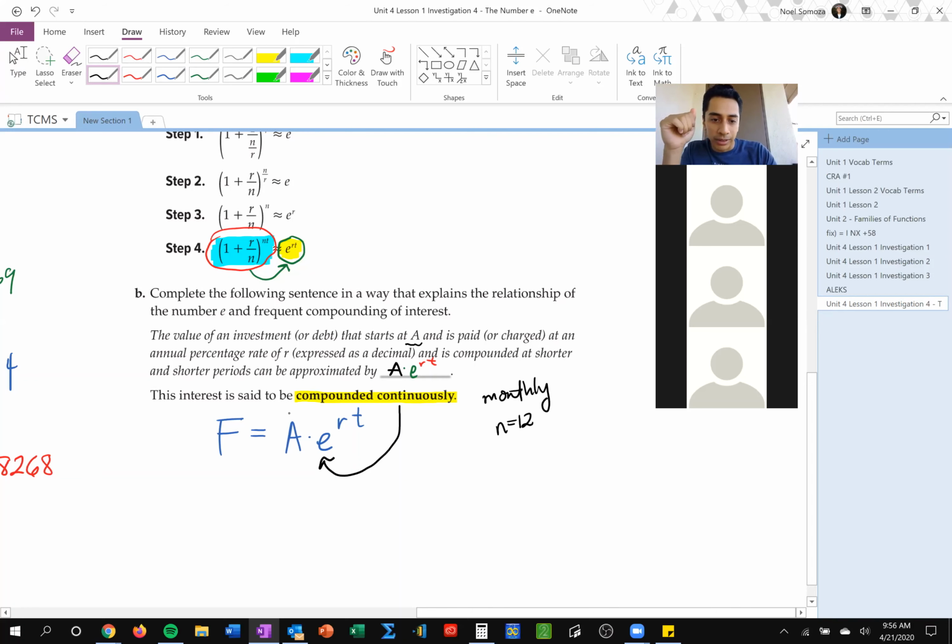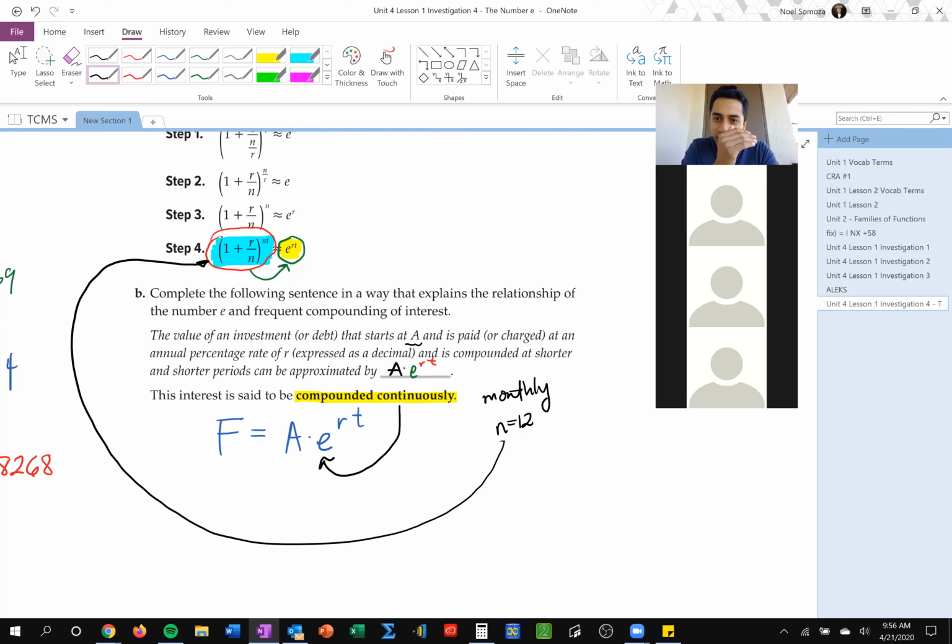Notice how there's nowhere to put the n in this formula. So how could you possibly do it? You would have to go back and utilize the formula that actually has n built into it, because the new one is making the assumption that you're doing things continuously, so there's no need to substitute an n value. We already did the substitution for n values when we did this giant chart.